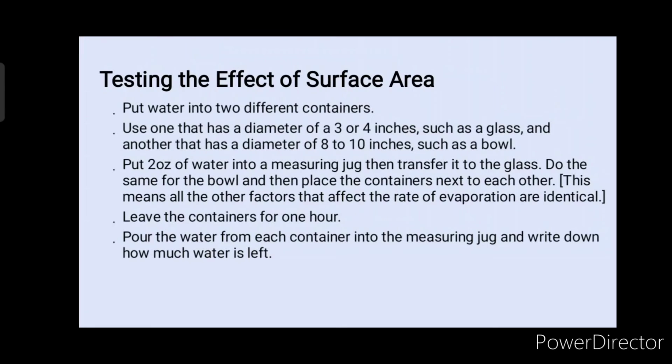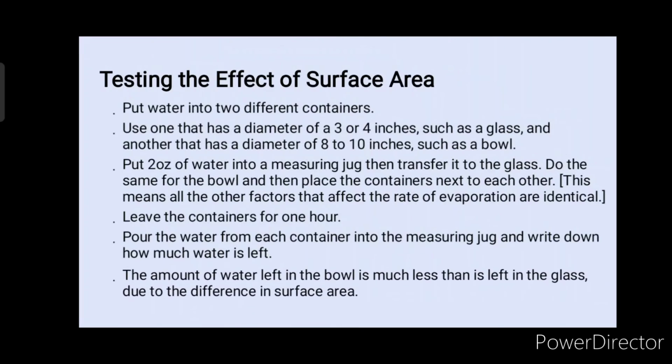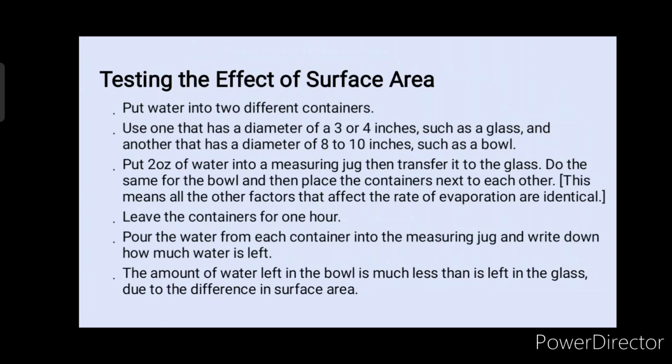In this experiment, we're going to find out that the amount of water left in the bowl is much less than is left in the glass due to the difference in surface area. So in conclusion, the rate of evaporation is faster when the surface area is larger.